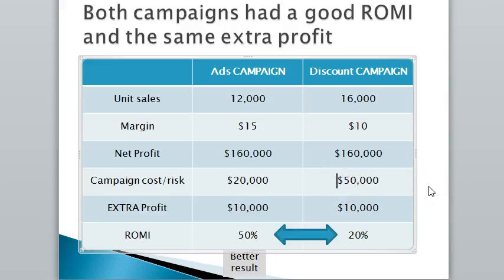If the discounts didn't work, we were out of pocket $50,000 in terms of reduced profit. So therefore, while they're both good and they both generate profit, clearly the advertising campaign, 50% versus 20%, is more effective in generating profitability. So we probably would continue both, but we would probably do the ad campaigns more often.